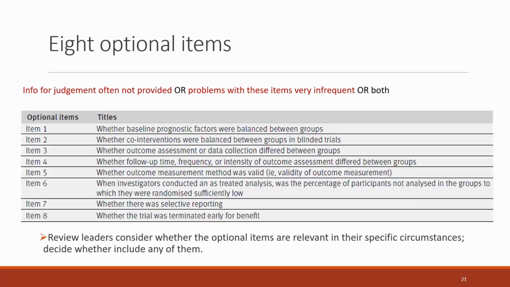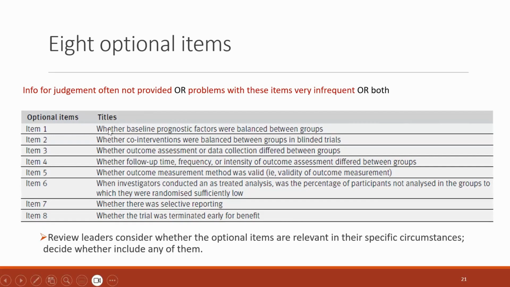So these were the core items, and then we have an additional 8 optional items, which don't have to be considered. It's optional because either the information for the judgment for these items is very often not provided, so it is very difficult to judge, or that problems with these items are very infrequent, or both.